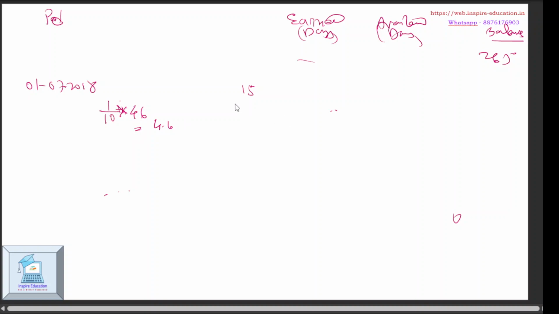So we'll subtract this 4.6 days. So 15 minus 4.6 is 10.4 days. So 10.4 is basically 10 days. Okay, so instead of 15 days we will be giving 10 days credit, so it will be 275 days.